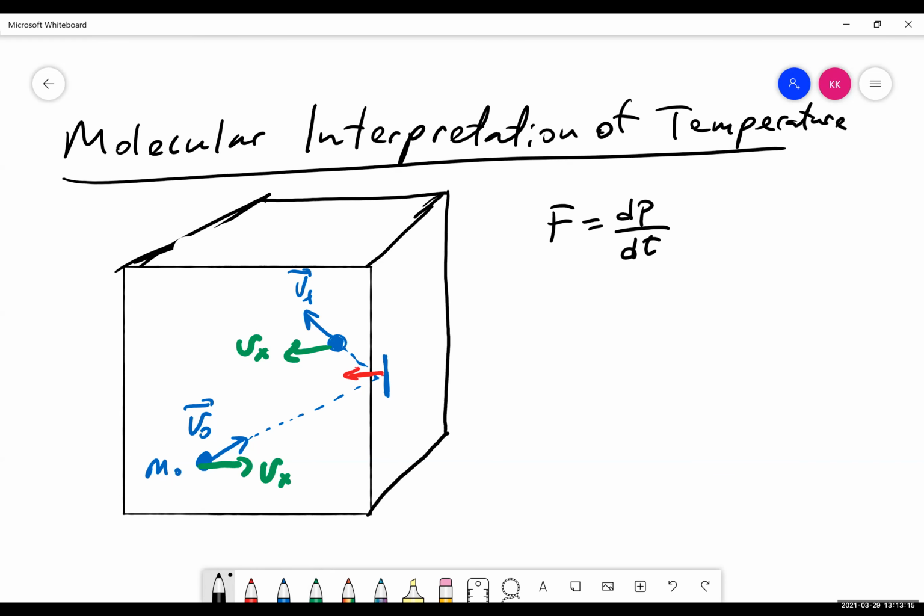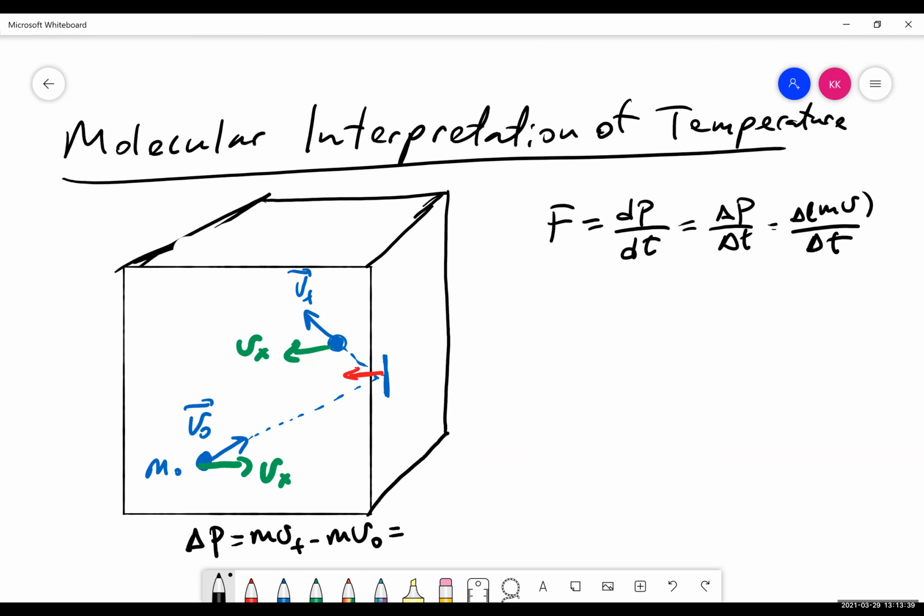Then I can do it in terms of delta p over delta t, which equals delta mv over delta t, so this is in terms of the change in momentum. Remember, delta p is the change in momentum, which is m times v final minus m times v initial.